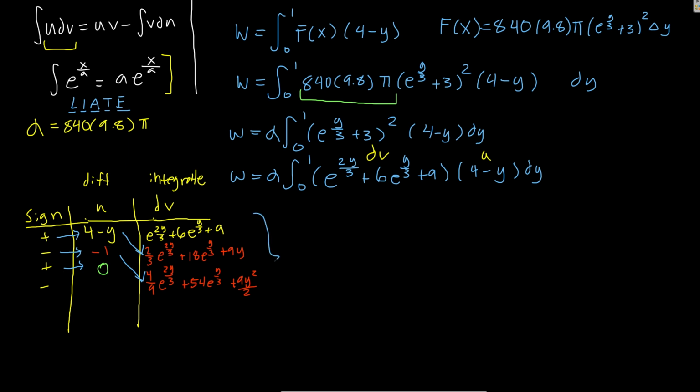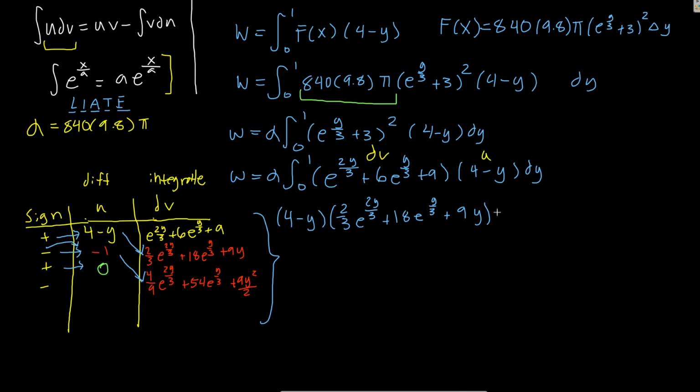So from this, we have that 4 minus y times 2/3 e to the power of 2y over 3 plus 18 e to the power of y over 3 plus 9y. And then we're going to look here. Minus times negative 1 is just a positive 1 times this.